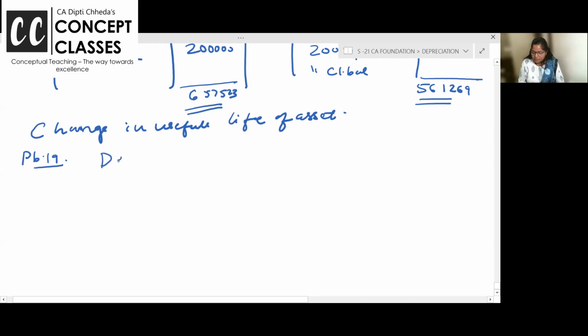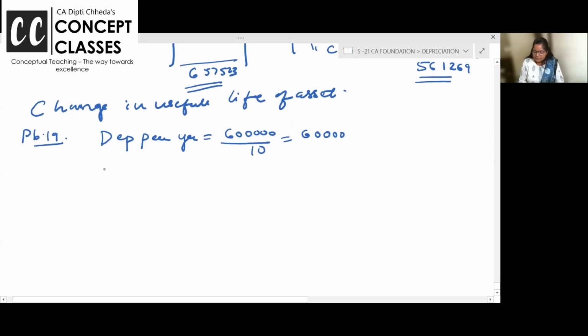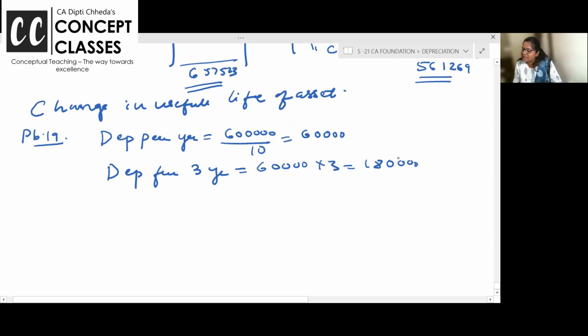What was the depreciation per year? 6 lakh on SLM and 10 years, so it is 60,000. For 3 years you have already charged the depreciation: 60,000 into 3, that is 1,80,000 already charged.